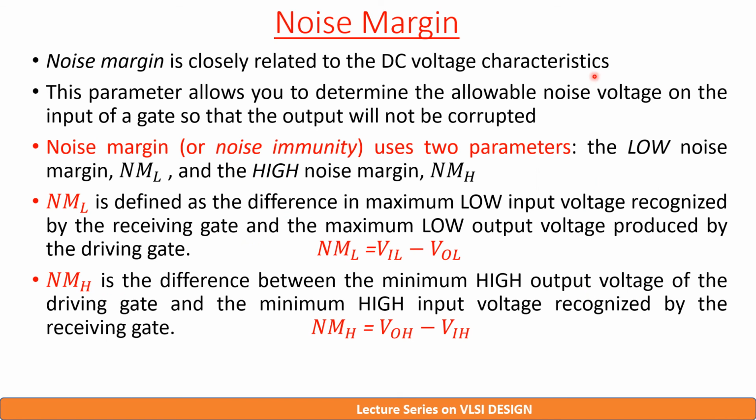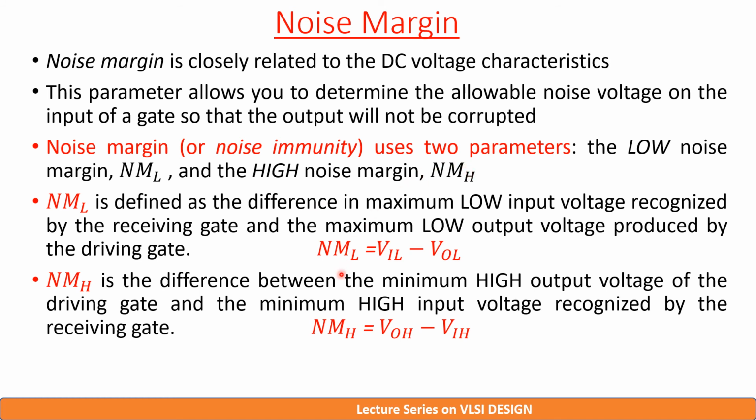Next concept is noise margin. Noise margin is closely related to DC voltage characteristics. Noise margin determines the allowable noise voltage on the input of a gate so that the output will not be corrupted. There are two parameters in noise margin: low noise margin and high noise margin.